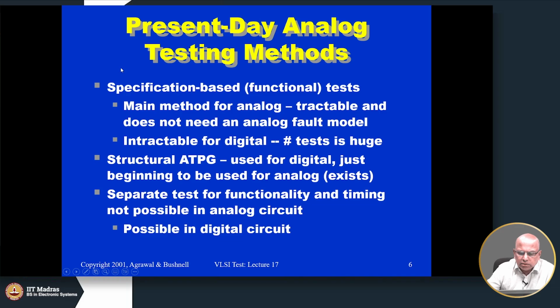So, analog testing is usually spec based, that means we want to know whether parameters like THD or SNR are within the specified limits. So, that is what it is, specification based, and we use functional testing, we do not use structural testing.